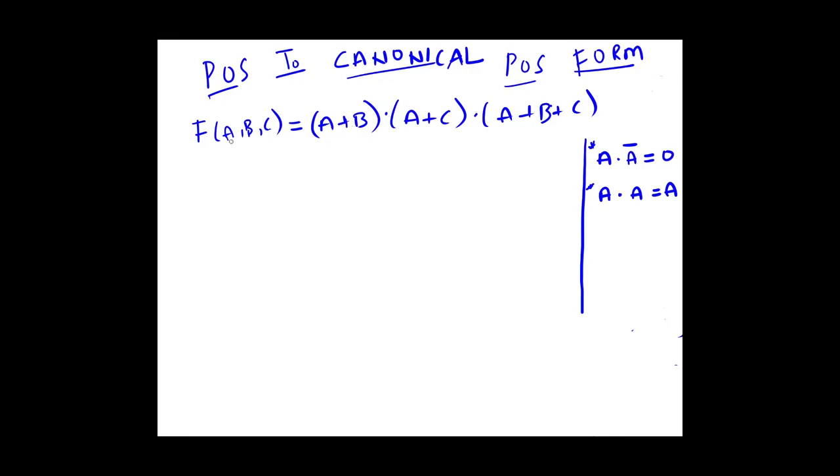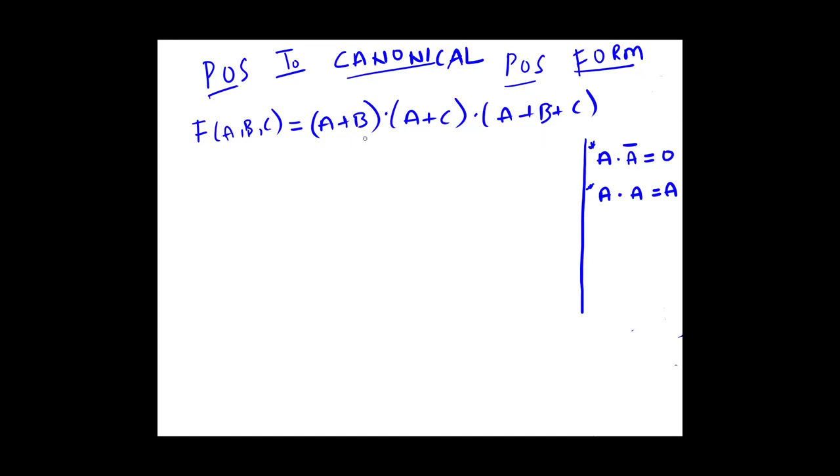So now in case my function is of 4 variable, that is A, B, C and D, then here I need to add 2 variables, and here I need to add 1 variable more. In case they don't give this, if they give only f is equal to the question, just by looking at this expression you can easily say whether this is a 3 variable or 4 variable or 2 variable.